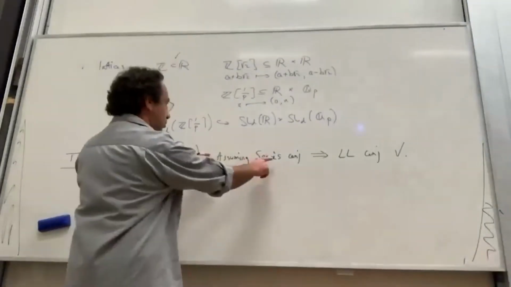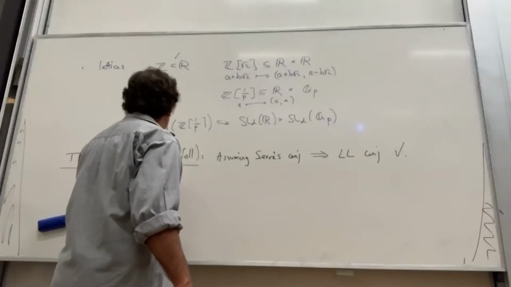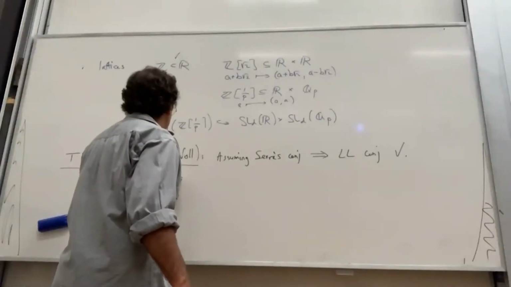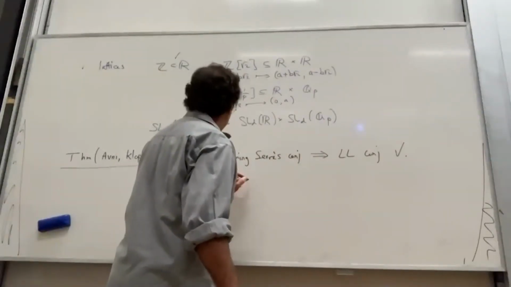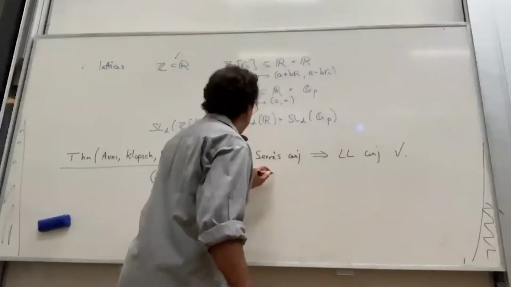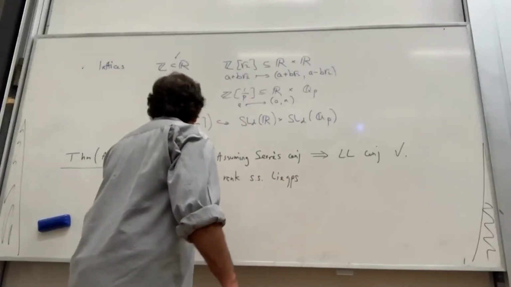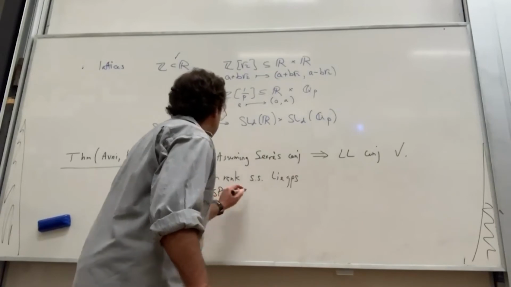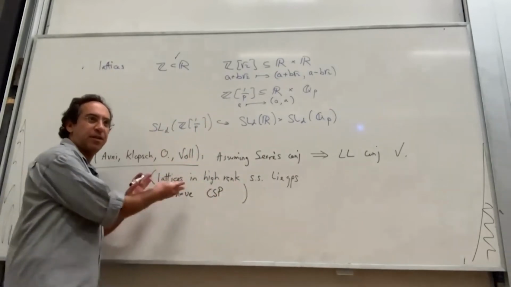So what does Serre's conjecture say? It says that lattices in high rank semisimple Lie groups have a congruence subgroup property. So remember, this is the entrance fee. We can't do anything without having this.